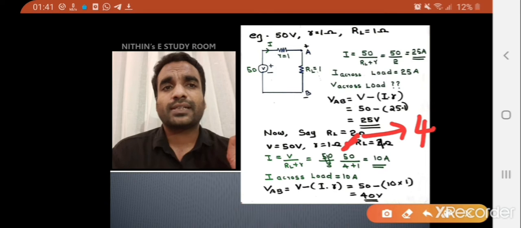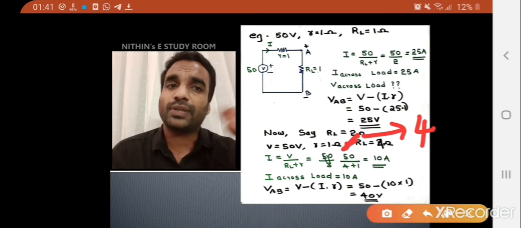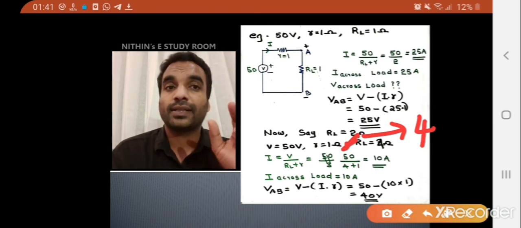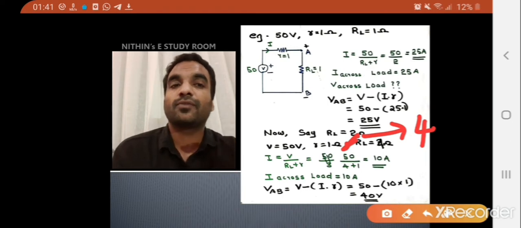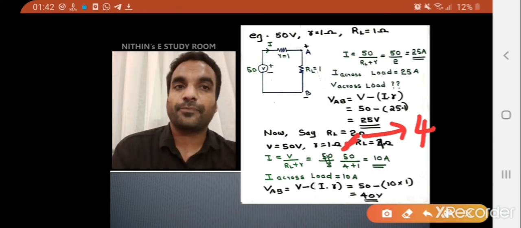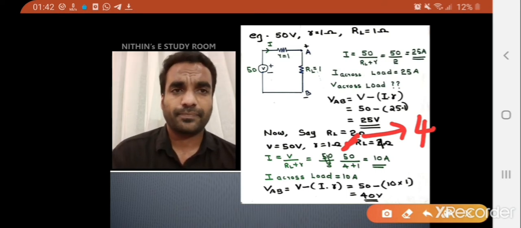So voltage across the internal resistance R is nothing but current value into that resistance, that is 10 into 1. So 10 volt will be dropped across that internal resistance. So the voltage we obtained across the terminals is equal to 50 minus 10 into 1. 10 is the current and 1 is the internal resistance of that particular source. So that will be 40 volt.